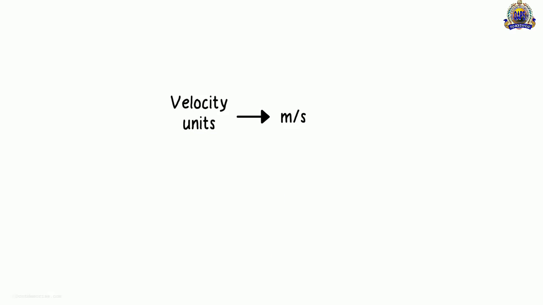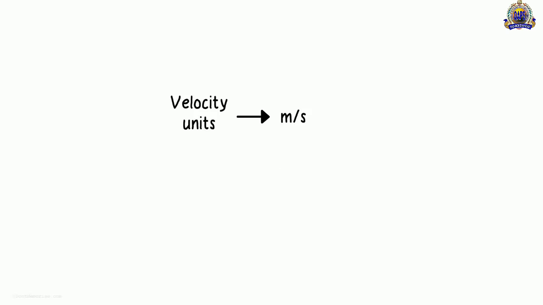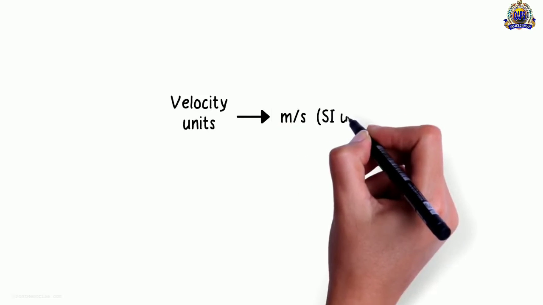As we discussed the unit of speed, which was meter per second, the unit will remain the same for velocity also, meter per second. We can also use miles per hour, as we have the British engineering system too, which shows its own units.